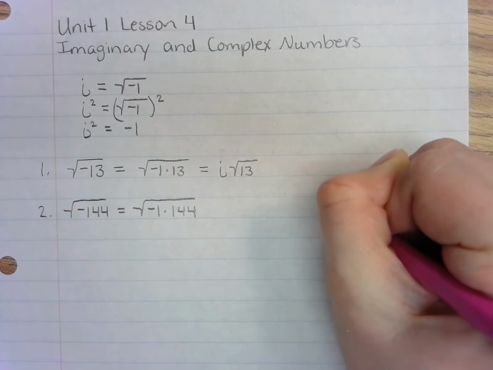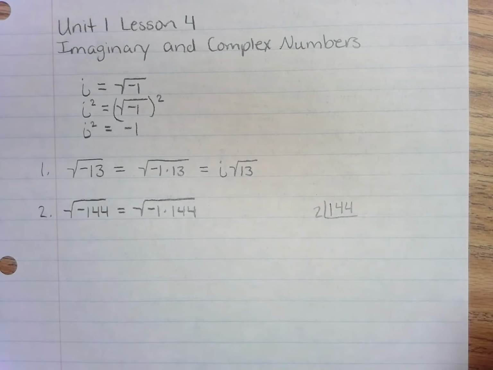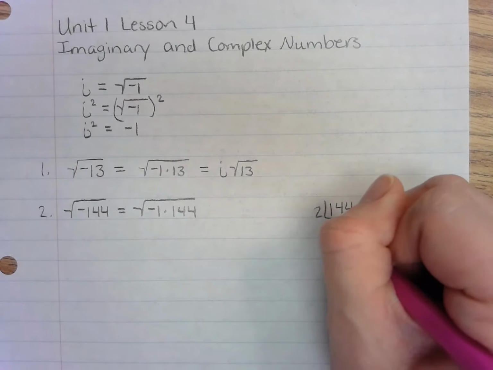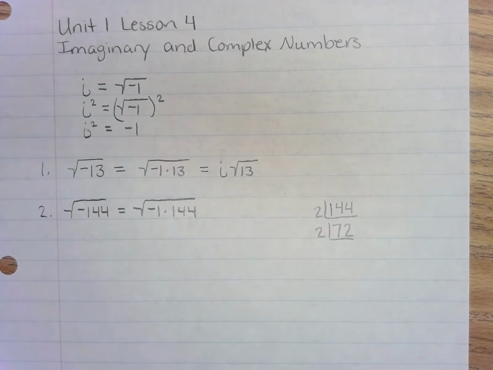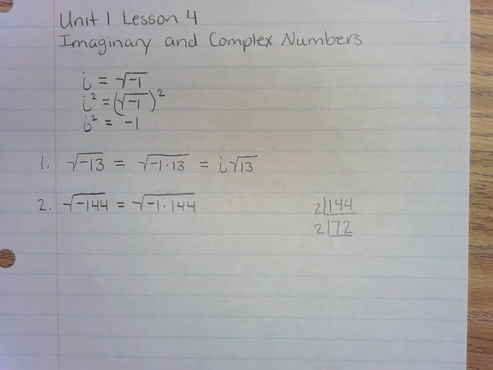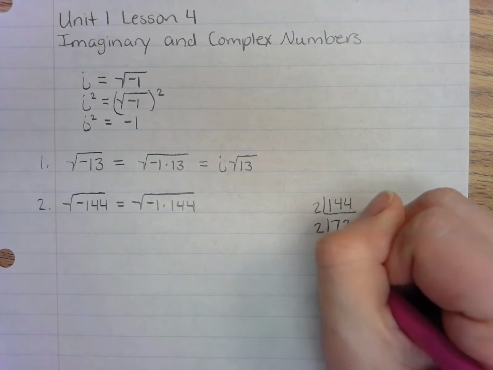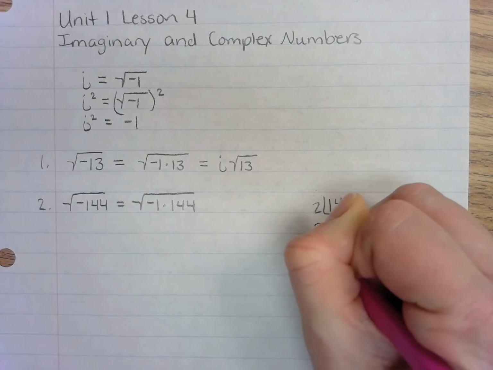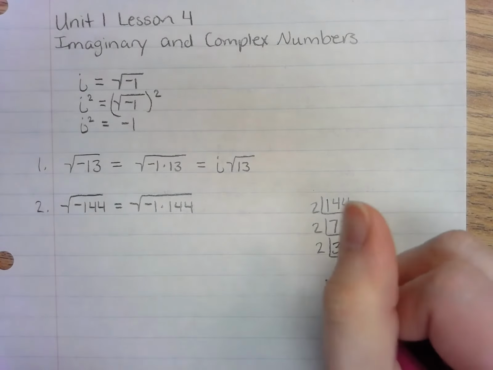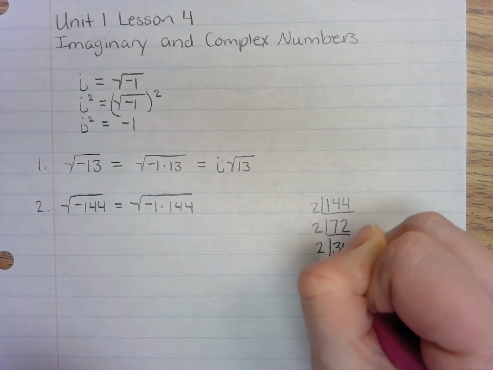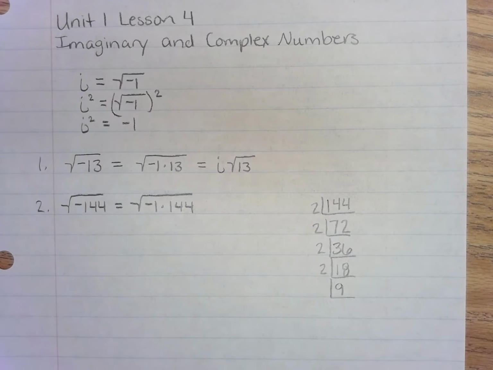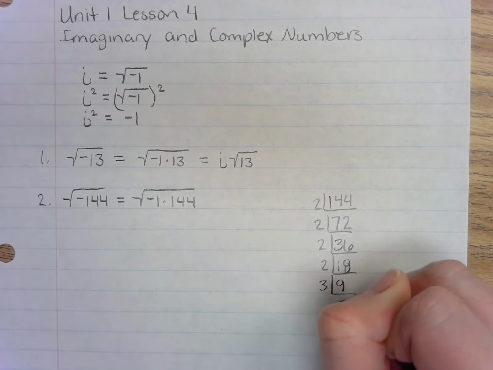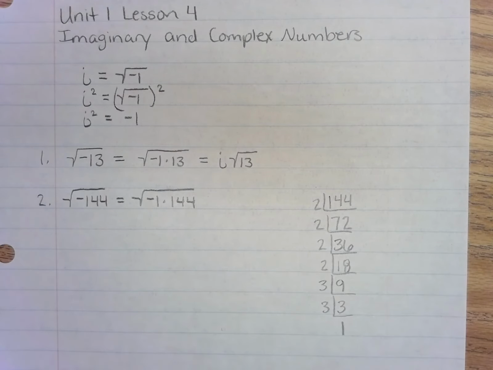So the prime factors of 144, we'll start with dividing by 2. 2 goes into 144 72 times, and divide by 2, 72 divided by 2 is 36. 36 divided by 2 is 18. 18 divided by 2 is 9. 9 divided by 2 will not work, so we'll have to go with a different prime. We have 3. And then 3 divided by 3 is 1.